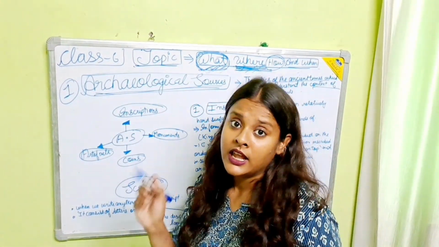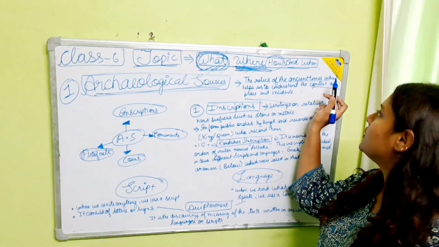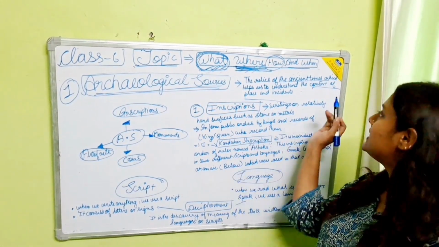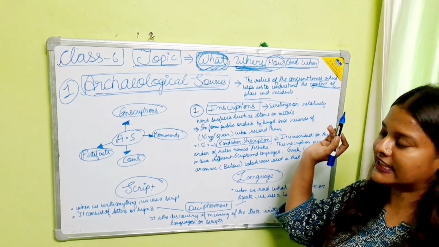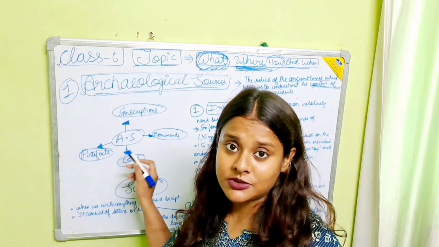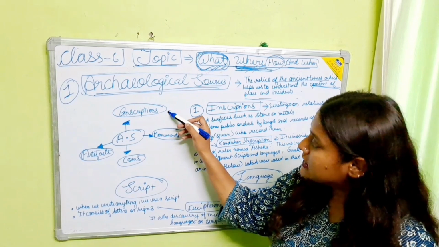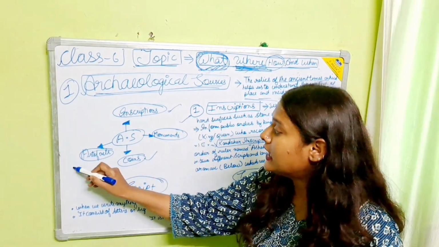Archaeological sources are the relics of the ancient time, which help us to understand the context of the place and incident. There are many types of archaeological sources, which are inscriptions, monuments, coins and artifacts.